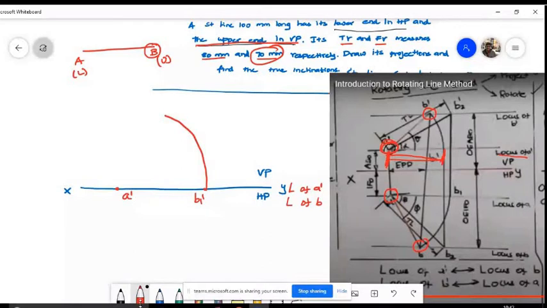When you project, you get the front view length. The rotation will help you find the angle, not the length, because this arc transfers the same length at a different angle, theta. So the front view length will be available in this locus of A dash line. I just plotted the front view length of 70 mm here.